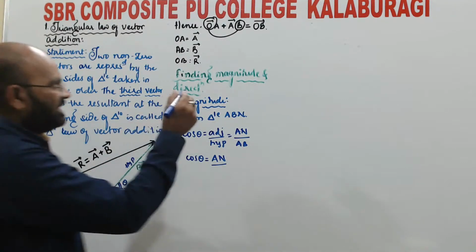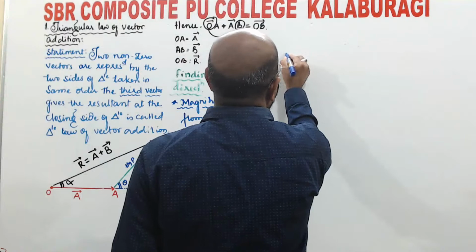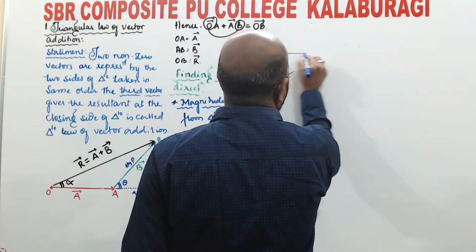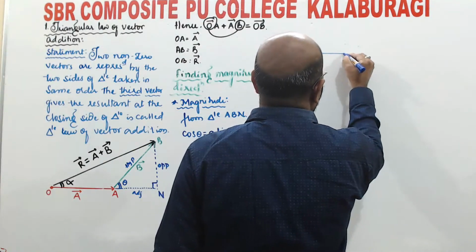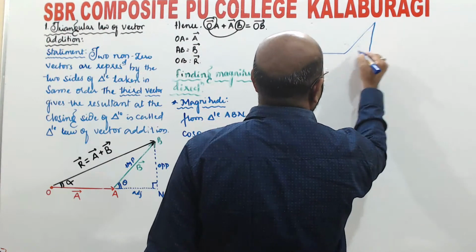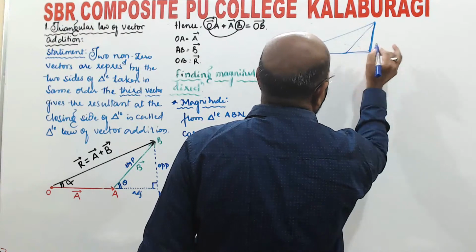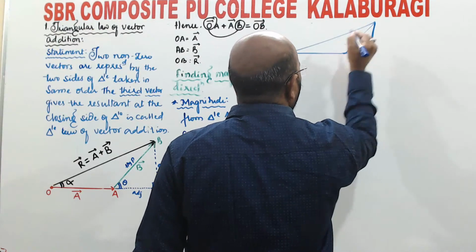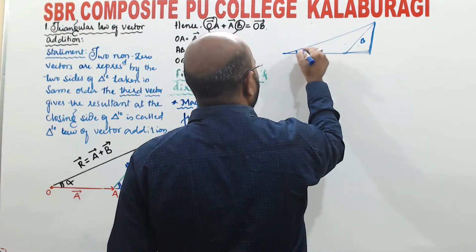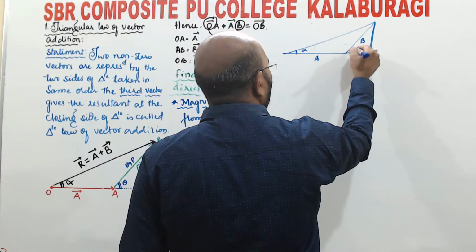I will write the diagram once again over here so you can follow it easily. This is the corresponding figure I am referring to. This is B, this is A, this is alpha, and this is theta.